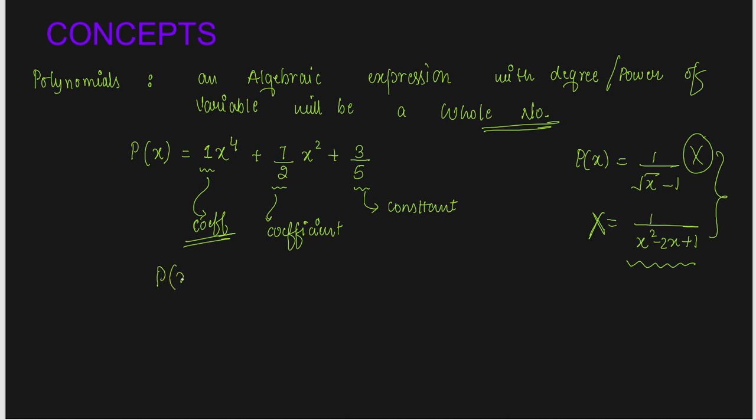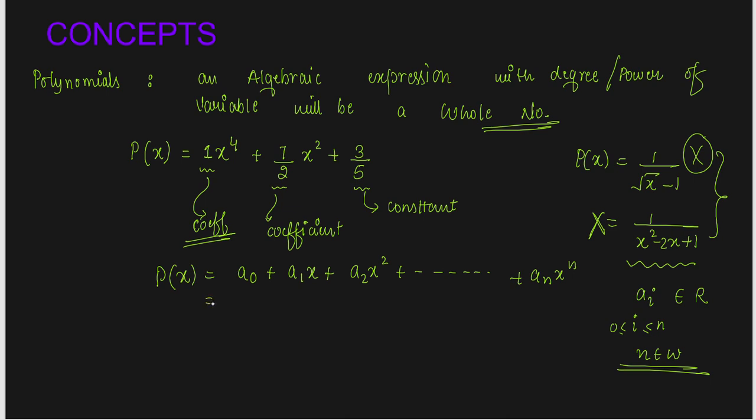So the generalized form of a polynomial is, let's first write it as a0 being the constant term, plus a1x plus a2x square, and so on till an x raised to n, where the ai, where i runs from 0 to n, belong to the real numbers, and the degree n belongs to the whole numbers.